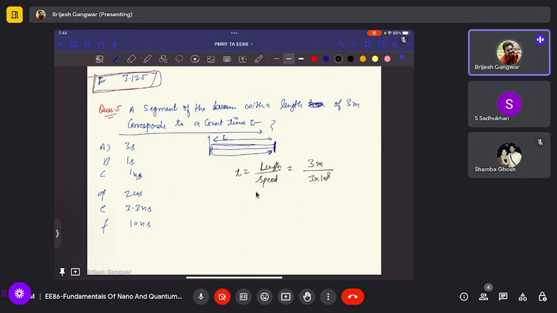If we put some medium in this question, then the speed would be divided by n, but n is 1, so you can use 3 into 10 to the power 8. So this is around 10 to the power minus 8 second, or 10 nanosecond.